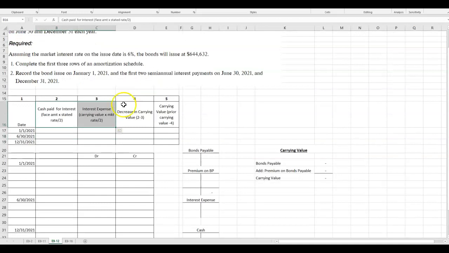So let's just enter the bond issue on January 1st. So how much cash did we get? Well, we got $644,632. How much do we have to pay back at the end? We have to pay back $600,000.